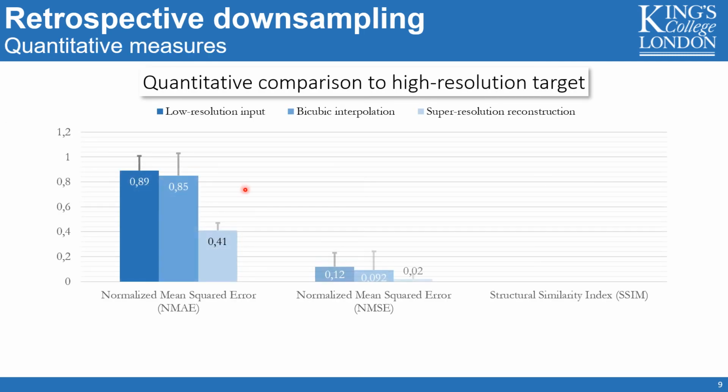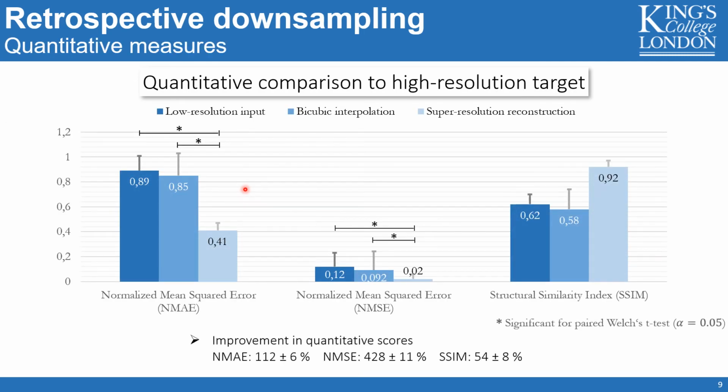We also performed some quantitative analysis where we compared the low resolution input, bicubic interpolation and super resolution reconstruction to the high resolution target for this retrospective downsampling. In terms of NMAE, normalized mean squared error and structural similarity index, we found statistically significant improvement with overall high improvement of the quantitative scores.